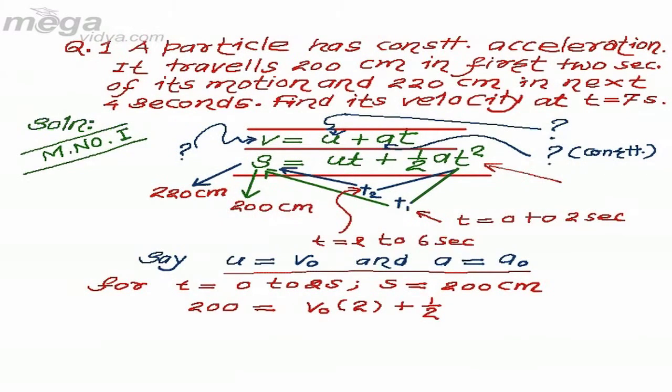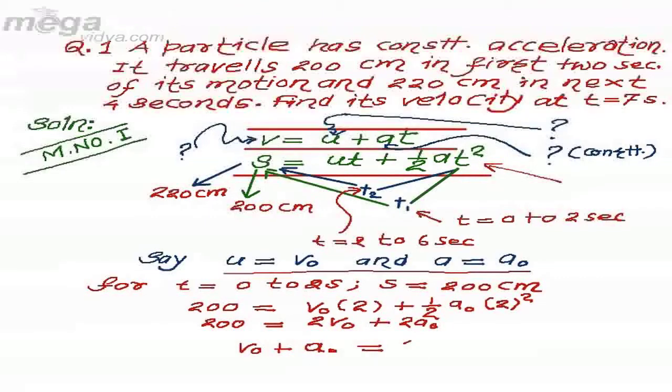We don't know a, we have assumed it to be a0, so a0 into the time interval 2 seconds square. So the second equation s equal to ut plus half at square now converts to 200 equal to twice v0 plus twice a0, which yields the final equation v0 plus a0 is equal to 100.